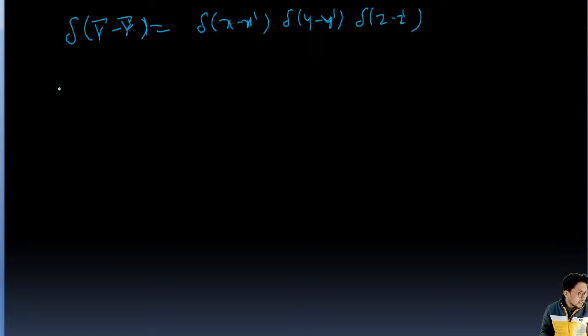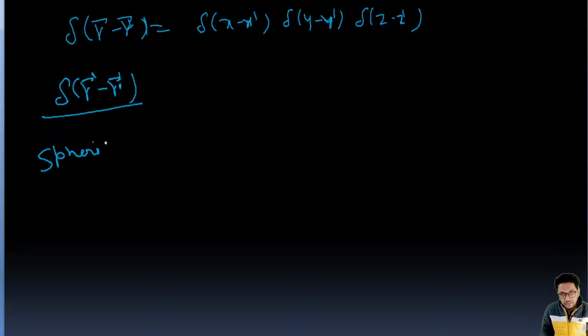Now we'll write delta(r minus r dash) in terms of the spherical coordinate system and the cylindrical coordinate system. First we'll write this in spherical.